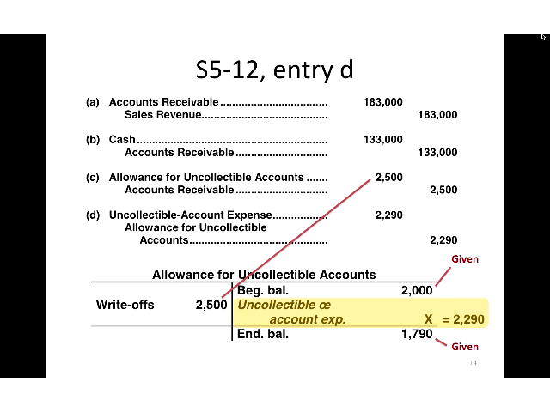What we have then is $2,000 plus X minus $2,500 equals $1,790, and we can solve for X, giving us $2,290.